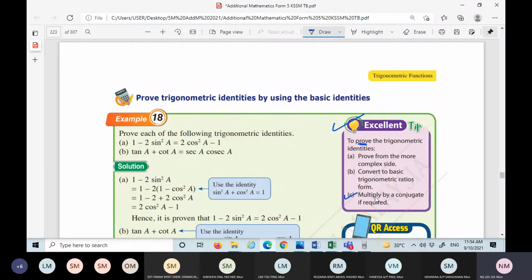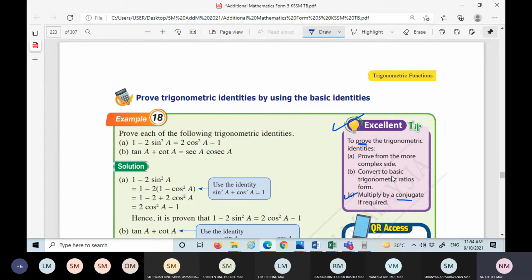You see, one of them is multiply by a conjugate, like just now, that one is multiplying with the conjugate. By multiplying with the conjugate, you hope that the denominator and the numerator can cut off. Then we will reach the answer. So this is one of the methods when you do proof questions.